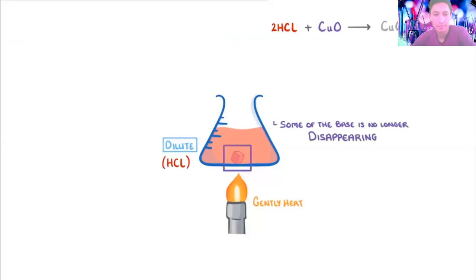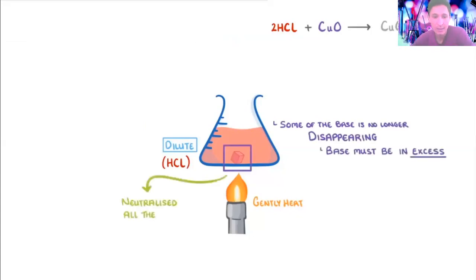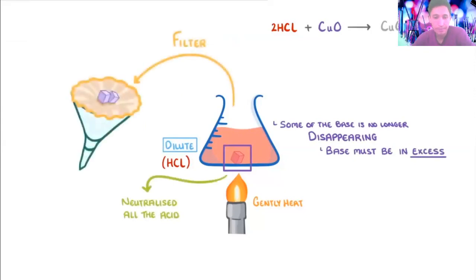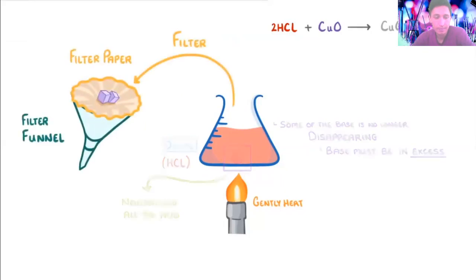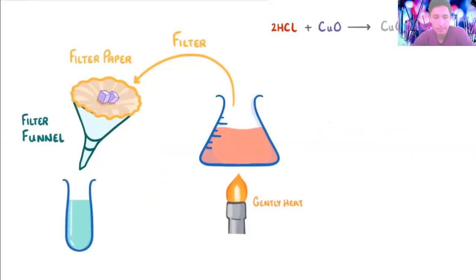So at this point, we know that the base must be in excess, and we'll have neutralized all of the acid. The next step is to filter out all of this excess copper oxide using filter paper and a filter funnel. And what we have left should be the dissolved form of our soluble salt, in this case copper chloride.